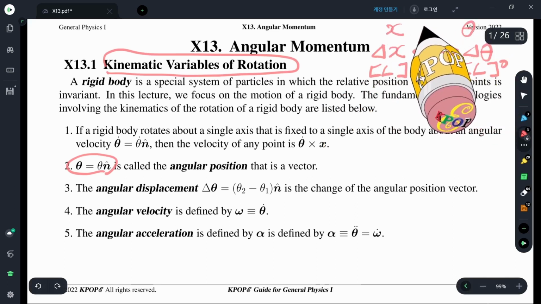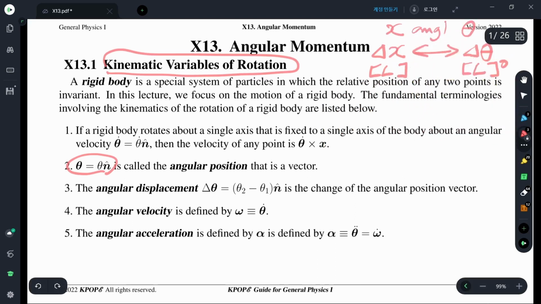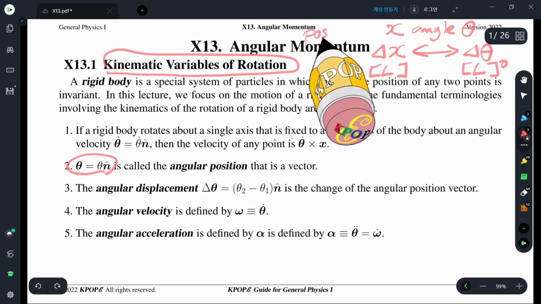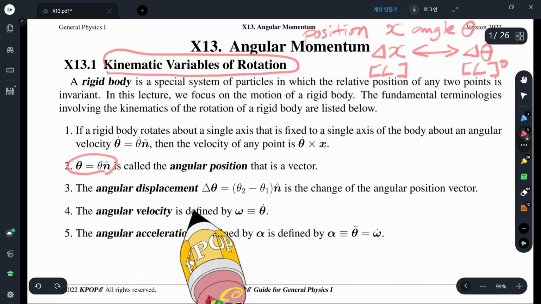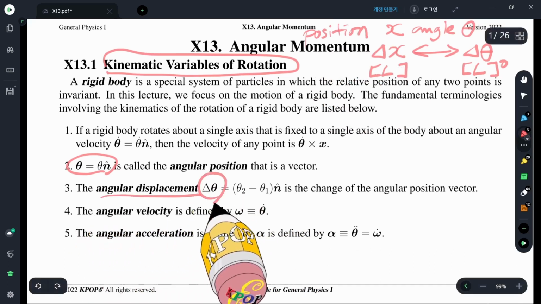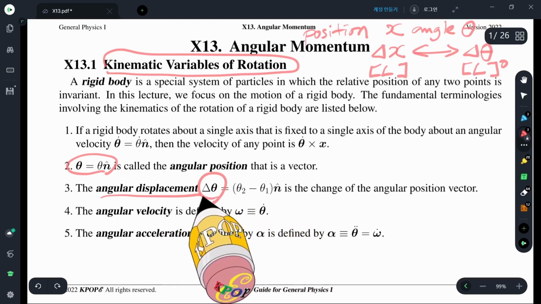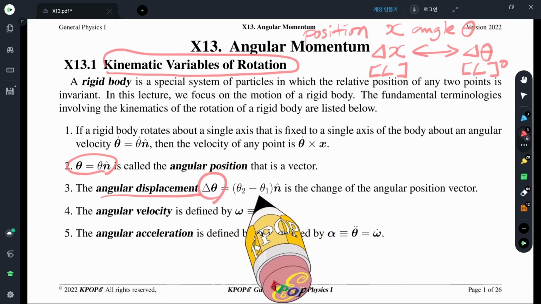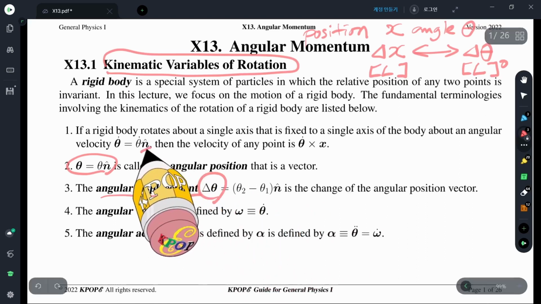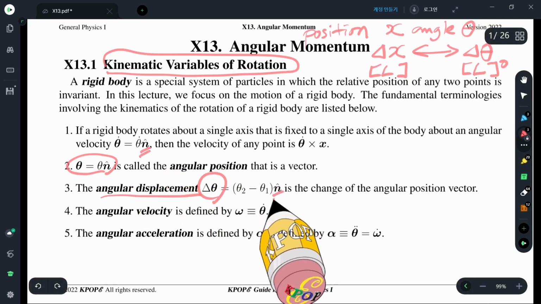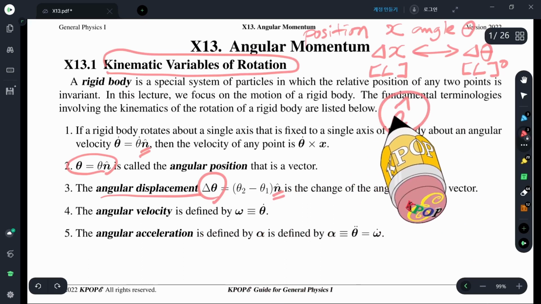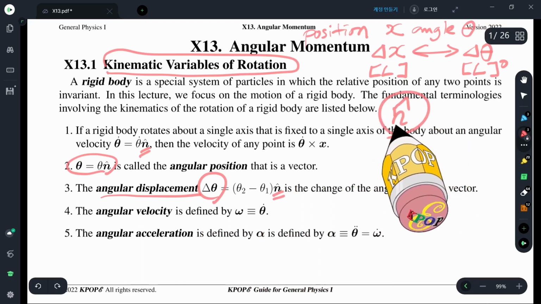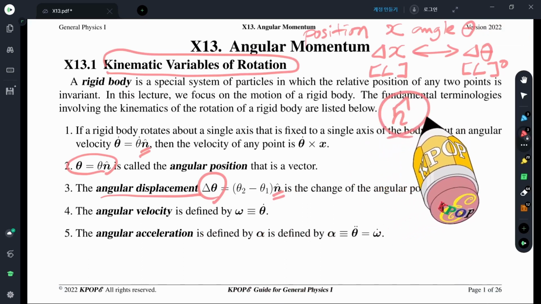So the angle, position. Angular displacement is the shift in the angle. So remember, we are keeping the direction of the axis of rotation the same during the rotation.